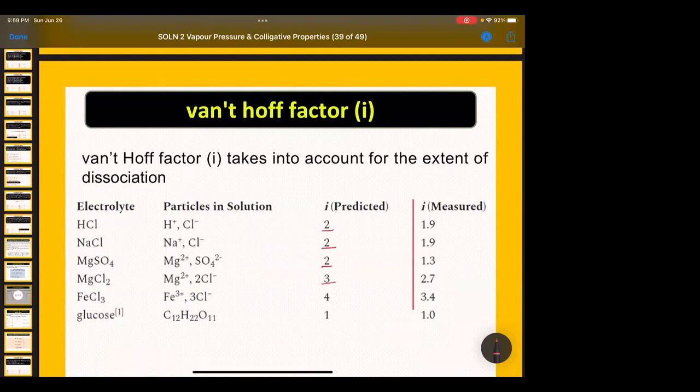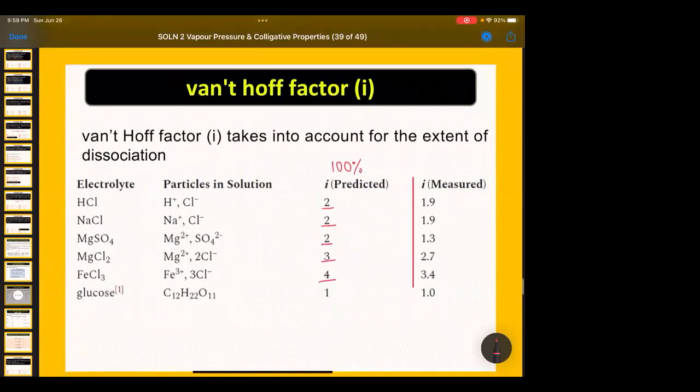Magnesium chloride, 3 ions are there, one magnesium and 2 chloride, assuming 100% dissociation. If nothing is given, you can assume 100% dissociation. FeCl3, i will be equal to 4 because there is one Fe3+ ion and three Cl- ions. And glucose, i will be equal to 1. Is it clear?